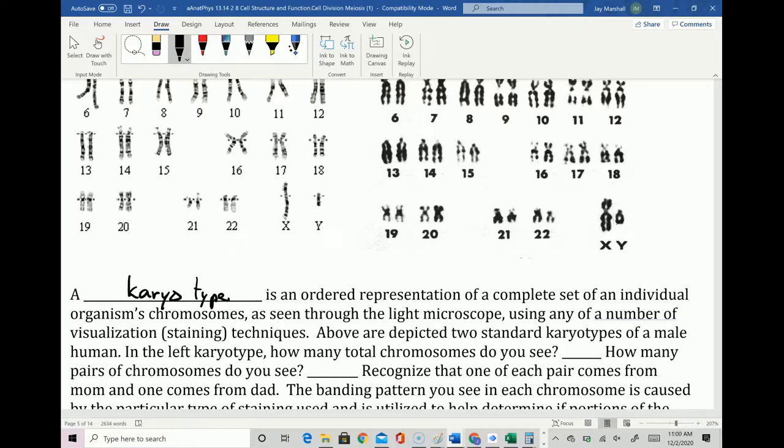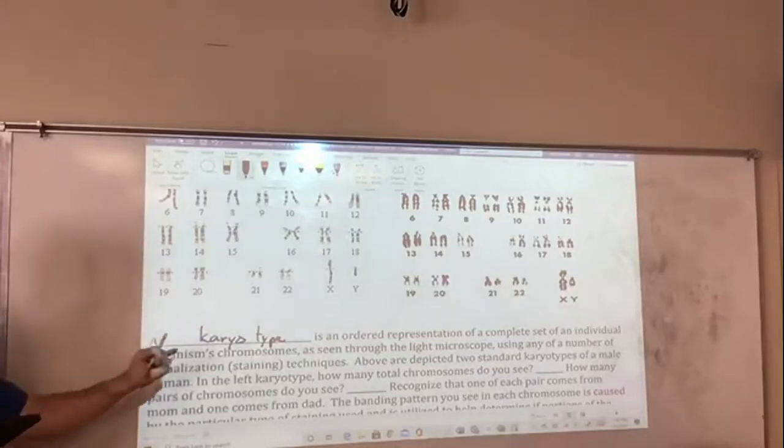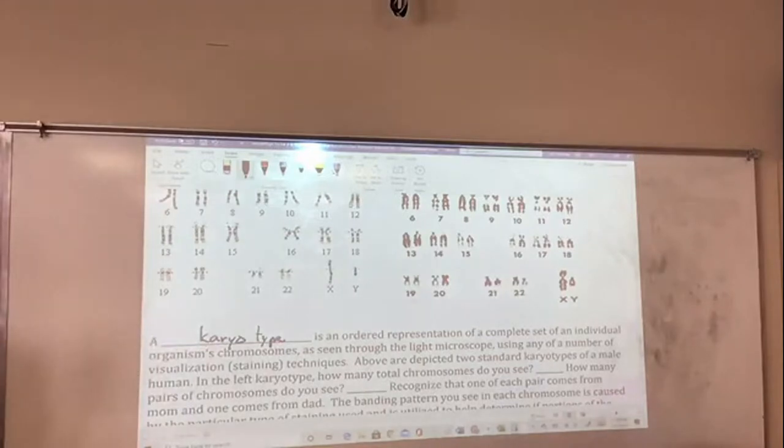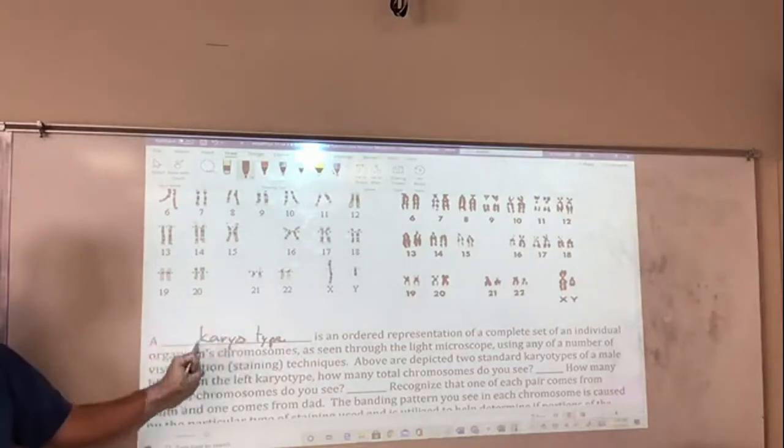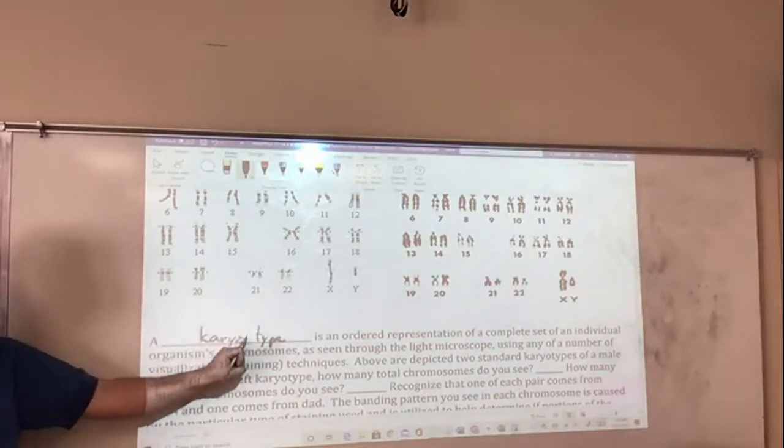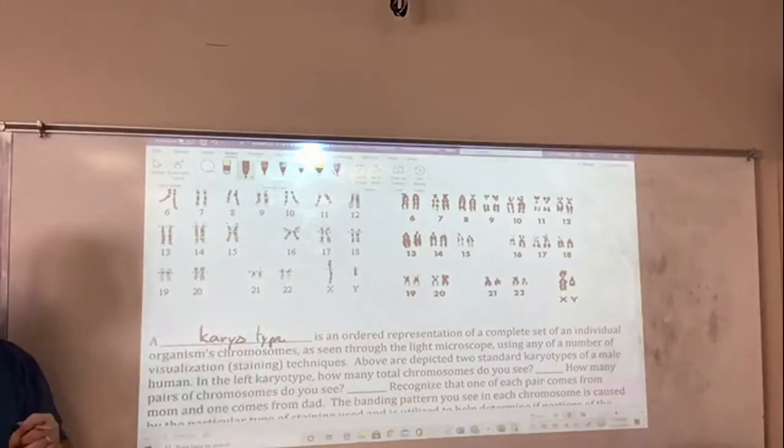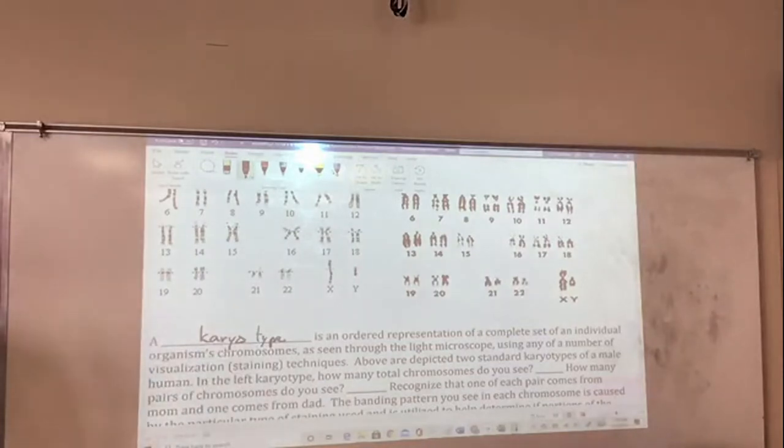The word karyo means nucleus. Prokaryotic means before the nucleus. Organisms that don't have a nucleus occurred before the nucleus. Eukaryotic, the word eu means true, so true nucleus. Eukaryotic organisms have a true nucleus. So a karyotype is a picture of the nucleus.